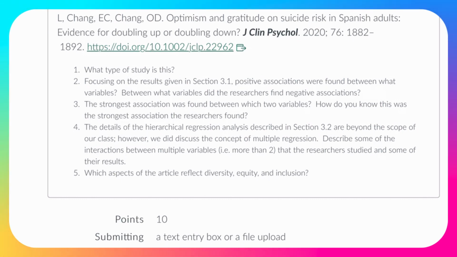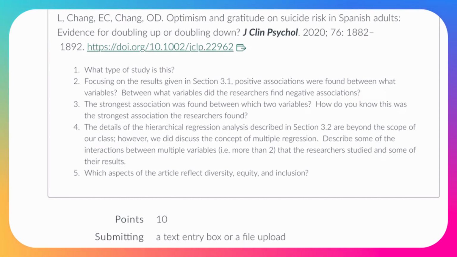And again, confine your attention to that one section of the article. Number 3, the strongest association was found between which 2 variables, and how do you know it was the strongest? Remember, the strength of a correlation refers to how close your R value is to positive 1 or negative 1. So whichever R value is closest to either positive 1 or negative 1 is the strongest association.